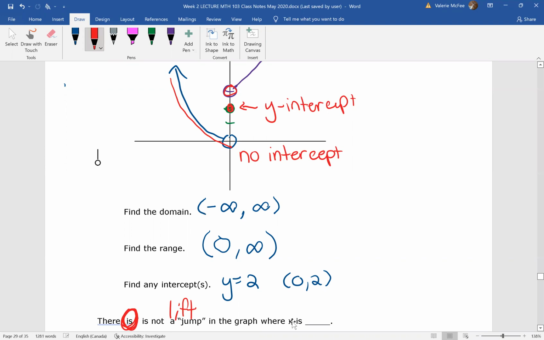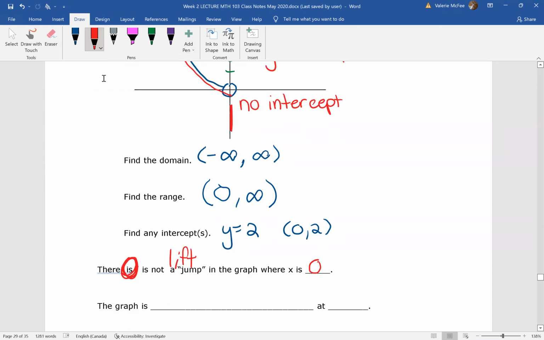And the jump occurs where x is equal to 0. It's occurring right here along this axis where x is equal to 0. That tells me that the graph is discontinuous at x equals 0.